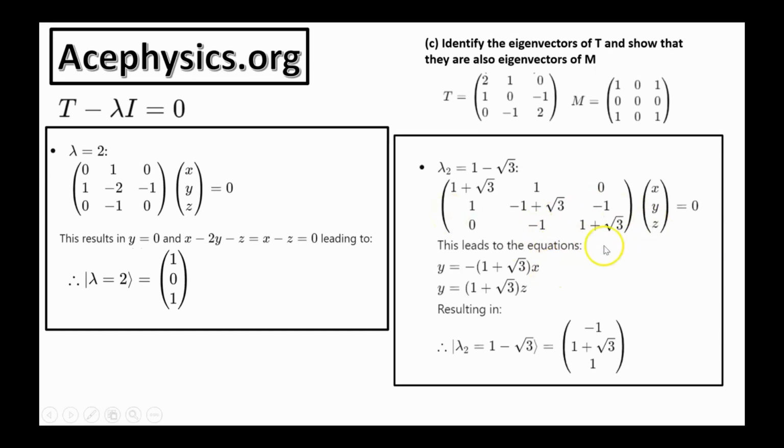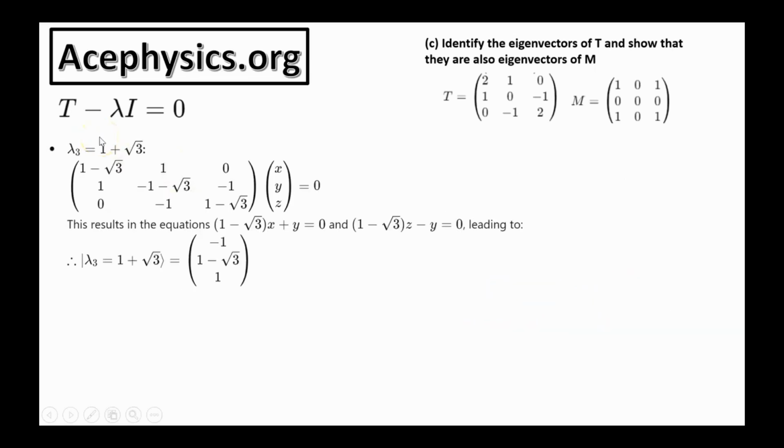And then the third equation tells us that minus y plus 1 plus root 3 z is equal to 0, which says y is equal to 1 plus root 3 z. If I choose x is equal to minus 1, then y is equal to 1 plus root 3, and z must equal plus 1, and therefore this is the eigenvector corresponding to the eigenvalue 1 minus root 3.